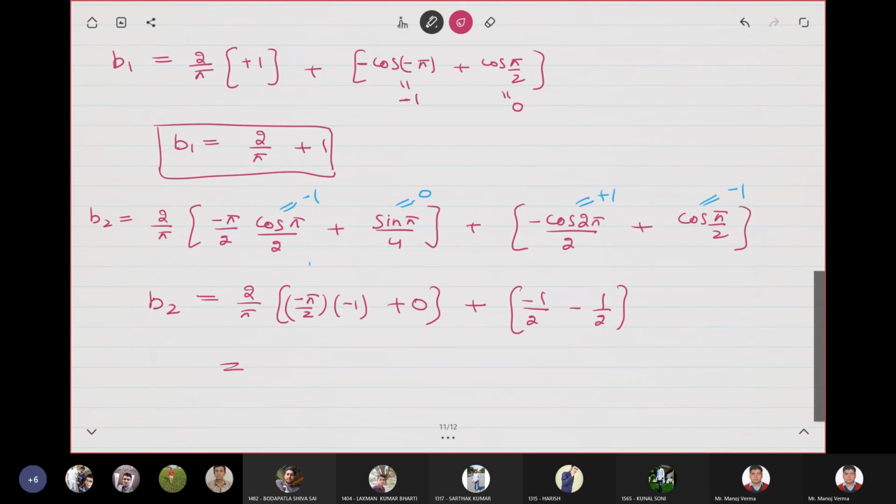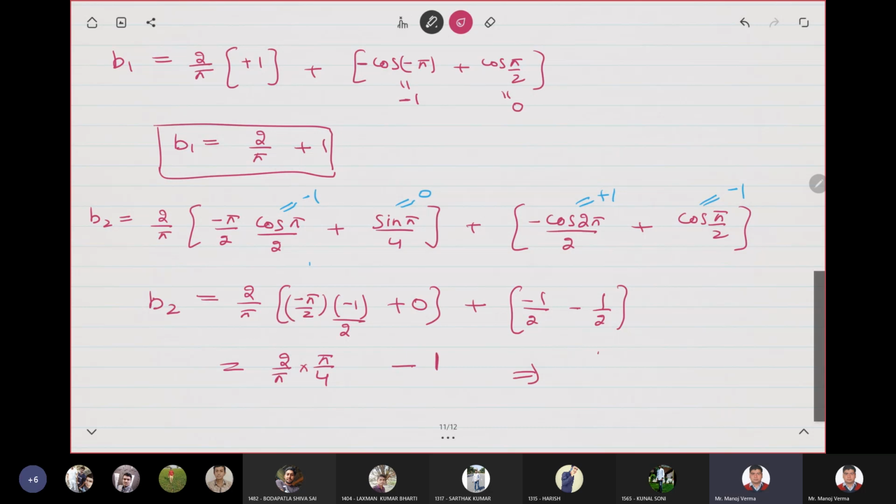So this will become 2 over pi into pi by 4 to pi by 4 minus minus half, and minus half will become minus 1.